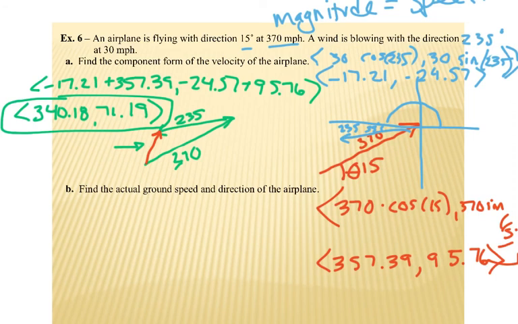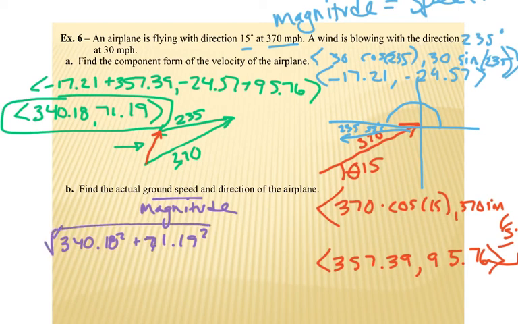And so we're going to find the actual ground speed and direction of the angle. And so the ground speed is going to be magnitude. And so we just need to take 340.18, square it, and add it to 71.19 squared, and take the square root. And that's going to be our magnitude.